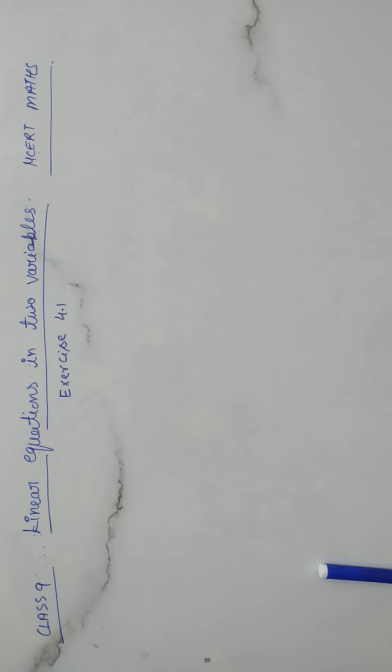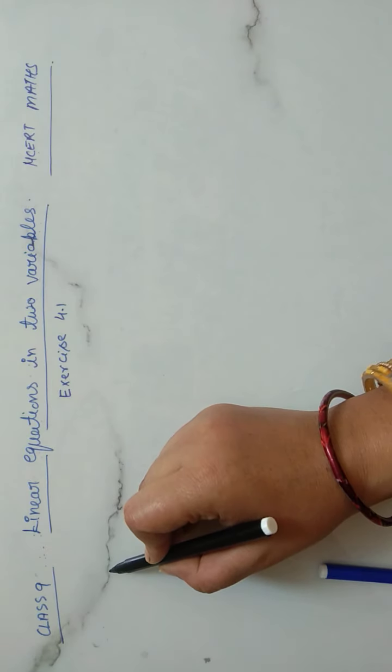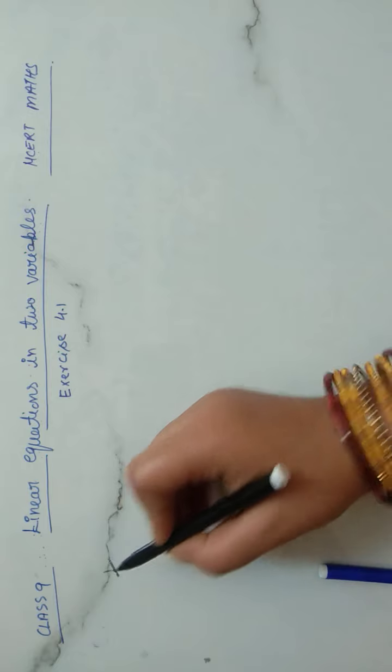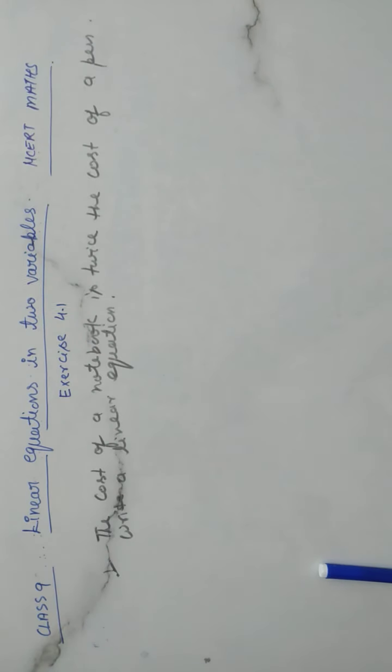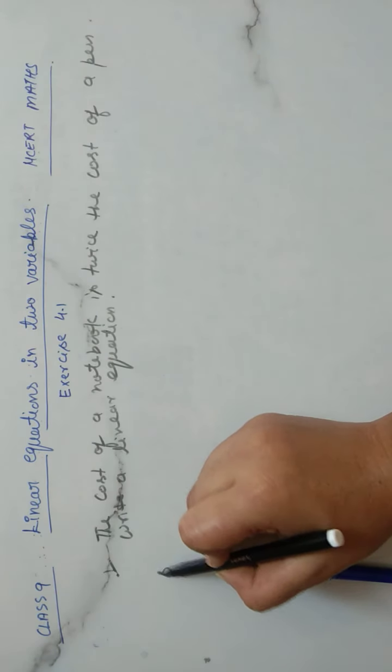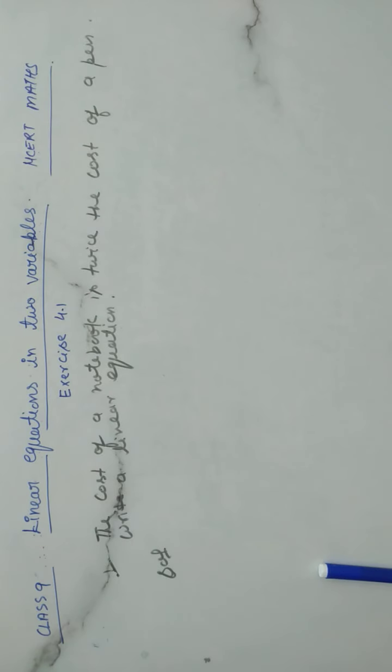So now we will discuss our exercise, that is exercise 4.1. In exercise 4.1, our first question is: the cost of a notebook is twice the cost of a pen, and we have to write a linear equation in two variables to represent this statement.